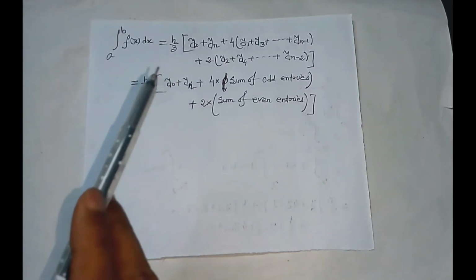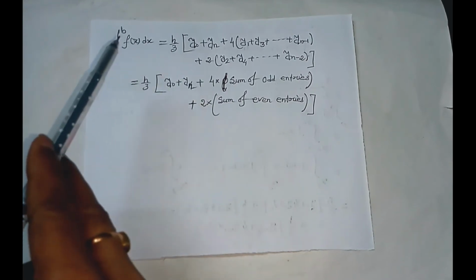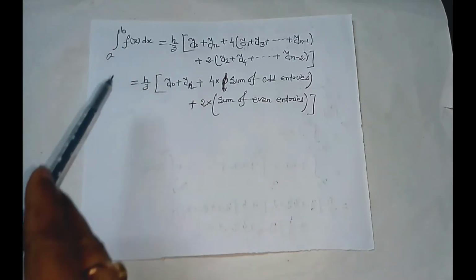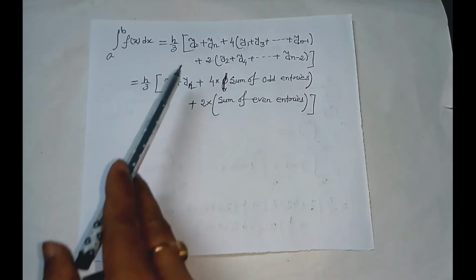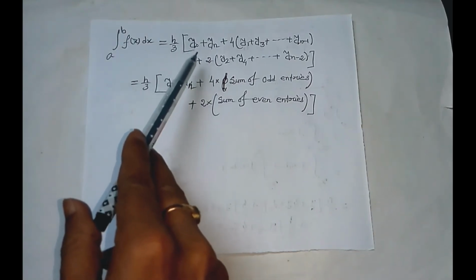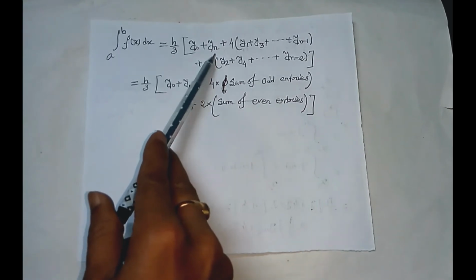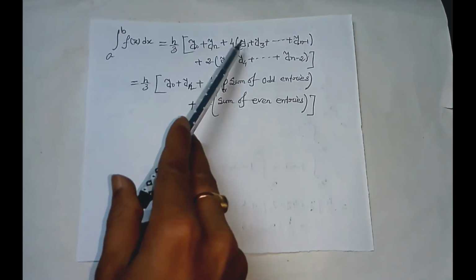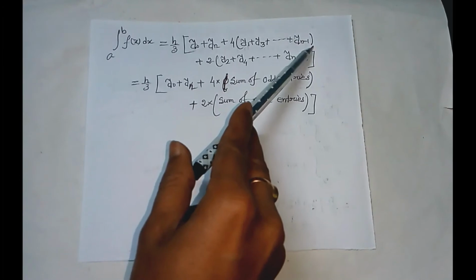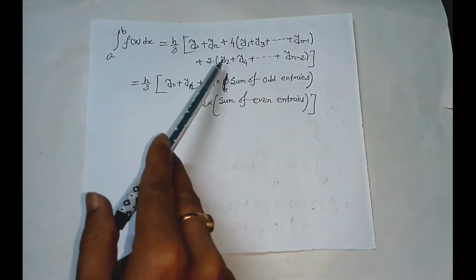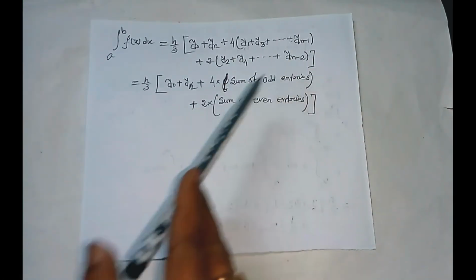So if we take h by 3 common, we find that the integration of f(x) from a to b by the composite Simpson's one-third rule can be found by computing y0 plus yn, the first entry plus the last entry, plus 4 times the sum of the remaining odd entries plus 2 times the sum of the remaining even entries.